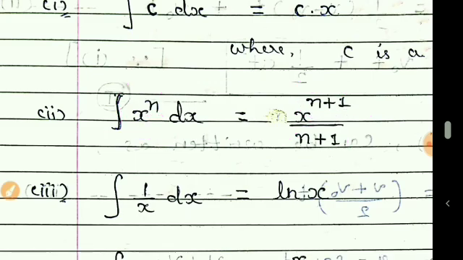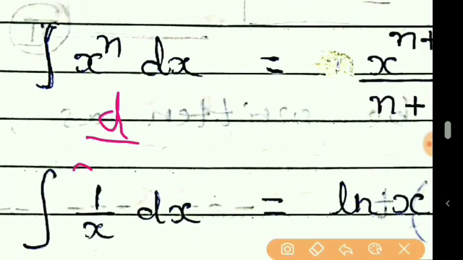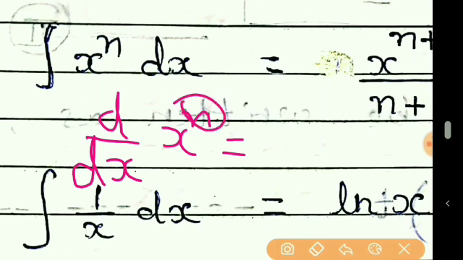Students, remember what we did in differentiation: d by dx of x raised to n is equal to n, the power, kept as a multiple, then x raised to n minus 1.